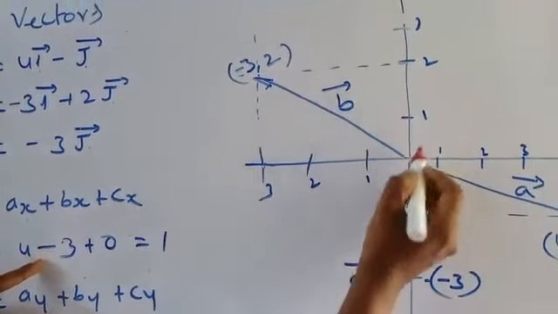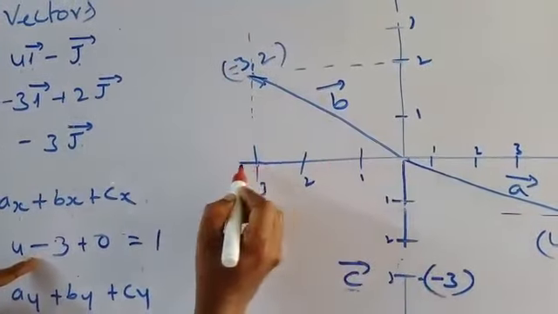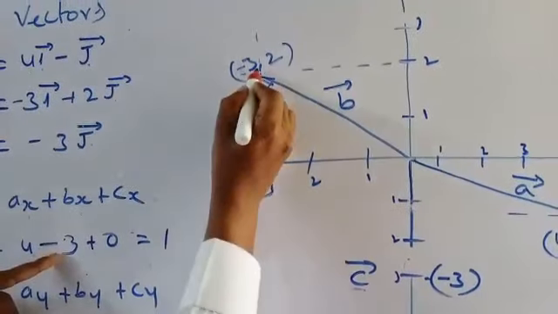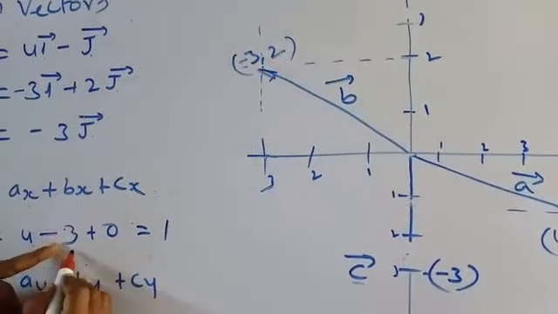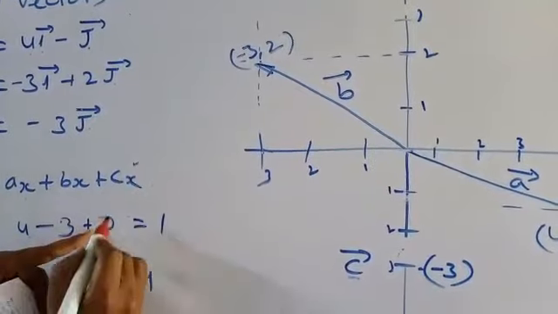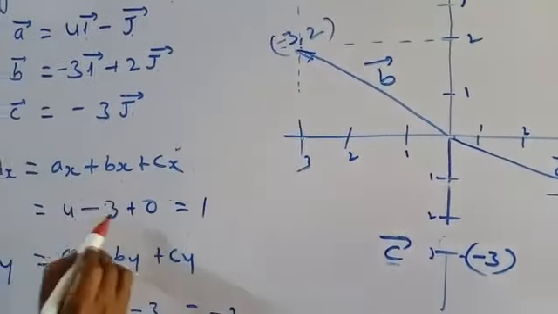This is the B vector, x direction, Bx is minus 3. There is no C component here, so 0. So 4 minus 3 is equal to 1.